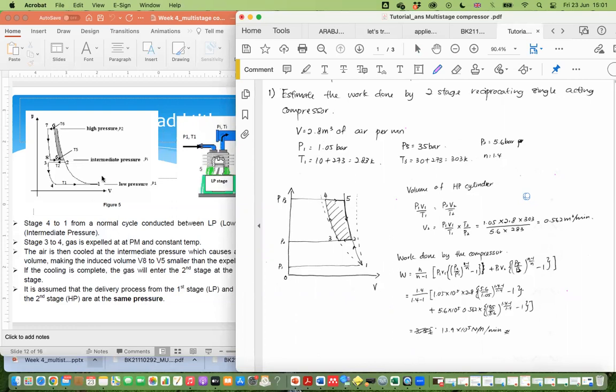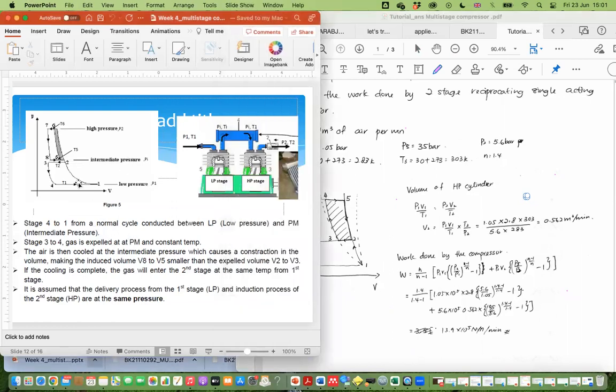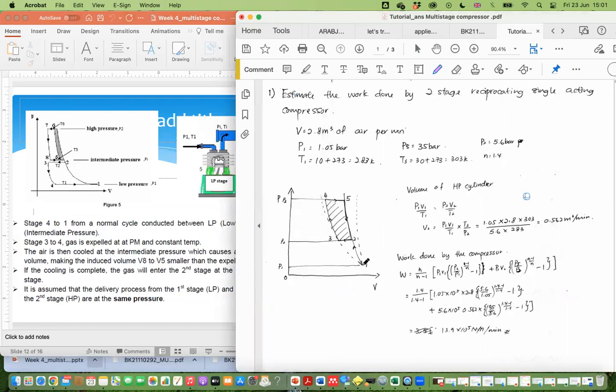So if you refer to the lecture notes, from 1 to 2, and then it will go to 2 to 3, and then back to number 4, and then further go up, 3 to 4.